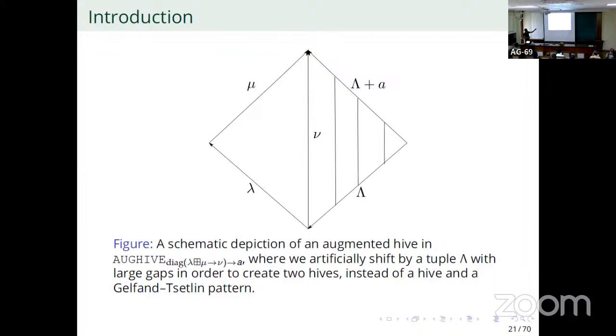So what is special about this? I now have a polytope which has hive constraints on this part, Gelfand constraints on this part, and if I pick a random point in this polytope and I just look at what happens on this third side, mu, it's an internal variable in some sense.